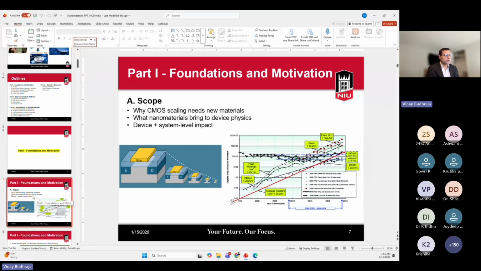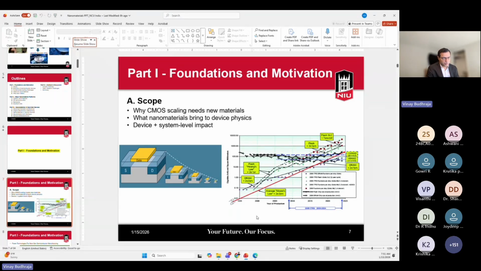What nanomaterials bring to the device physics and the device plus system level impact. In the figure on the left side, you can see that as the size shrinks, you can have more devices per square area. So the density of the components increases.